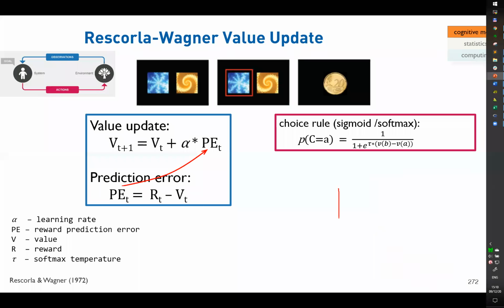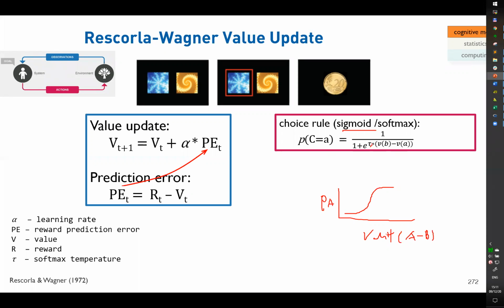If you recall, we have on the x-axis the value difference, and on the y-axis the probability of choosing A. If this is the value difference between A and B, this is the P of A, right? The shape is more or less like this. This is called the sigmoid function in this case, or softmax, and the mathematical term is determined here.